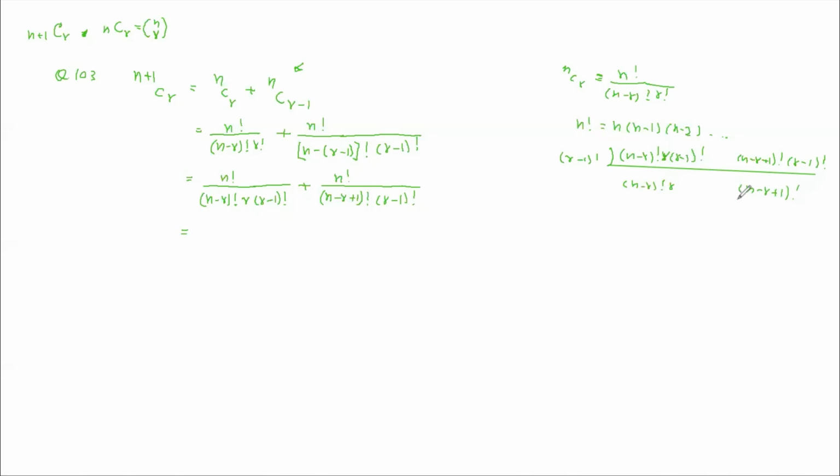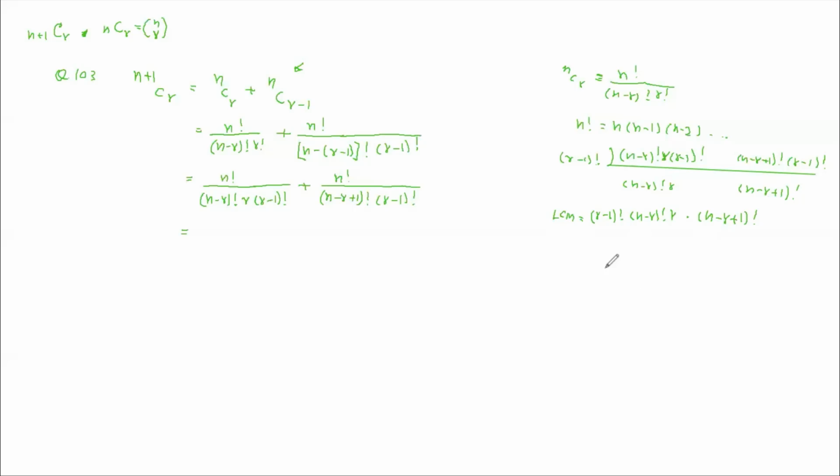So the LCM is going to be this times this times this. So our LCM is (r minus 1) factorial times (n minus r) factorial times r, and also times (n minus r plus 1) factorial. This is our LCM.